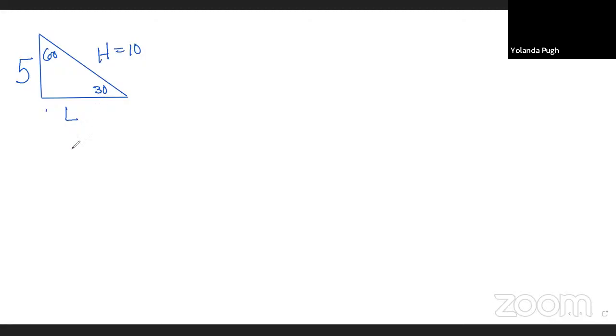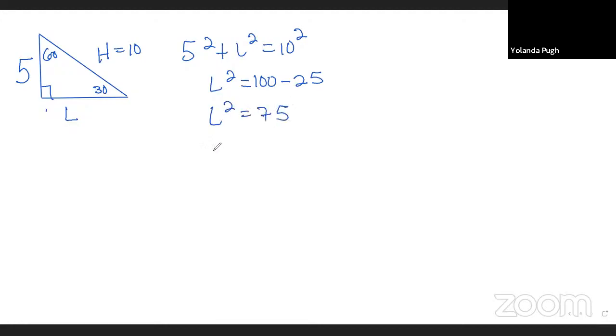So how do we find the long side? Well, 5 squared plus L squared is equal to 10 squared. That means L squared is equal to 100 minus 25. We subtracted 5 squared from both sides. That means L squared is equal to 75.